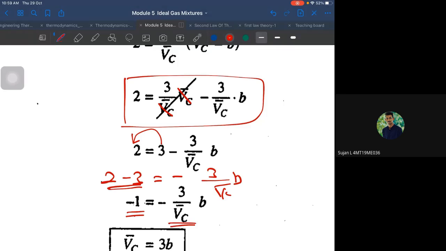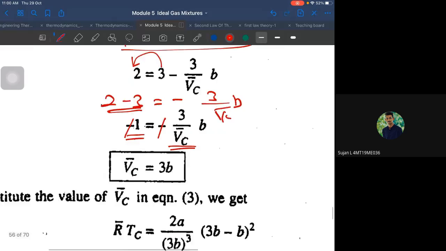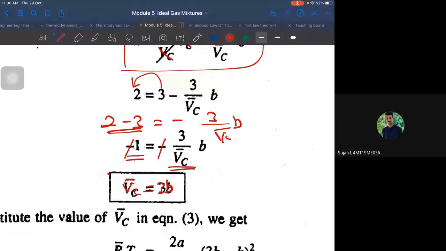So in this, can I cancel minus here and minus here? Yes, sir. So finally, what you will get is V bar C is nothing but 3B.